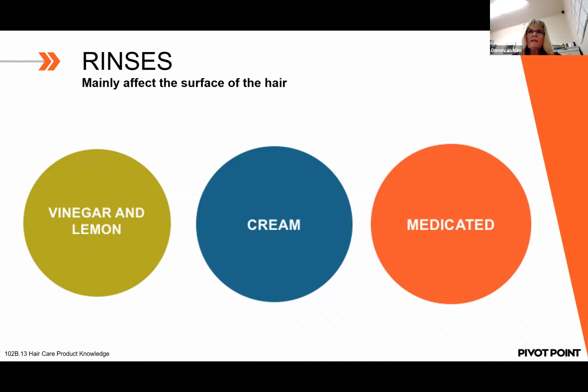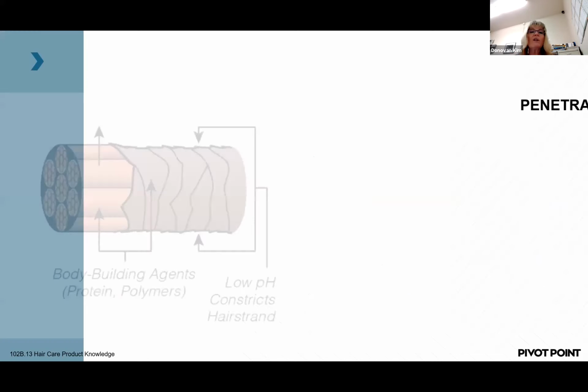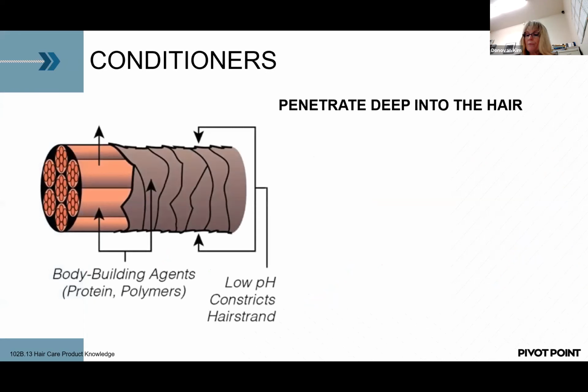What that does is it helps remove the alkalinity out of the hair and bring the hair back down to more of the 4.5 to 5.5. It helps reduce that swelling, closes down the cuticle layer, can even help it smell better after a chemical service, and just brings the hair closest to the natural that you can have. Those are really nice, and that would be like your vinegar and your lemon rinse.